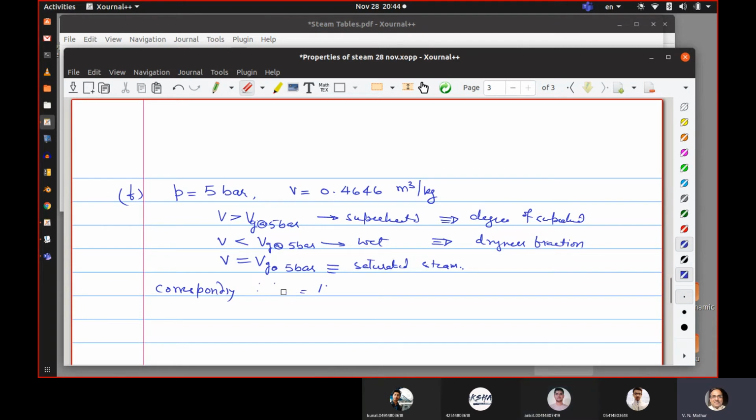We should read the volume. Volume is given. So corresponding to 5 bar, what is the volume of gas? What is Vg? 0.37466.